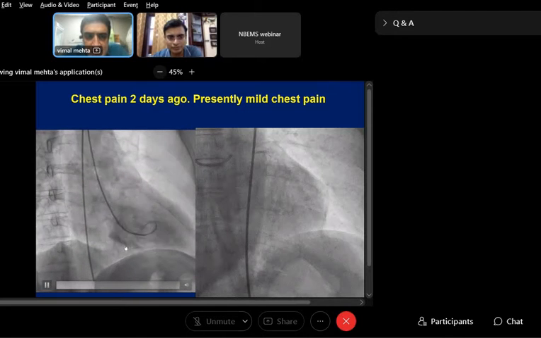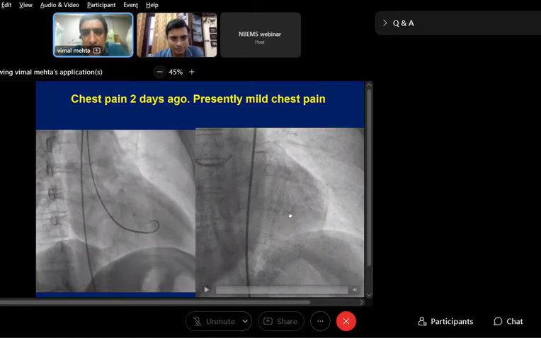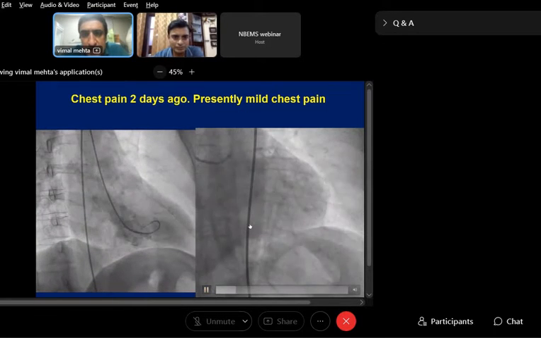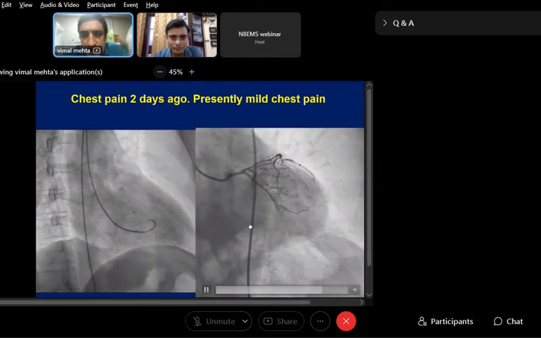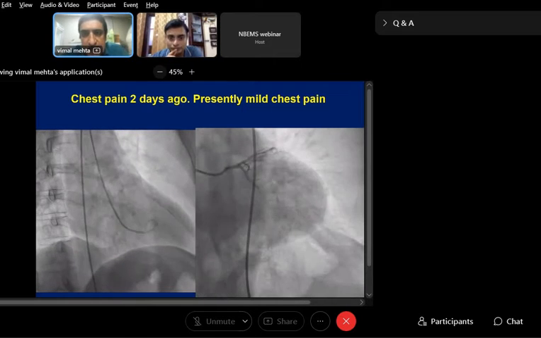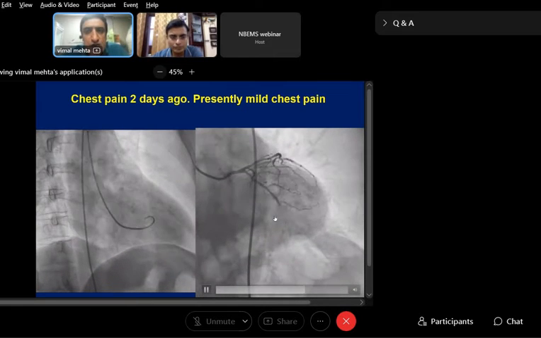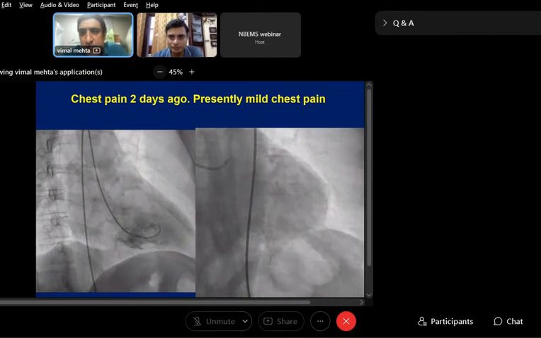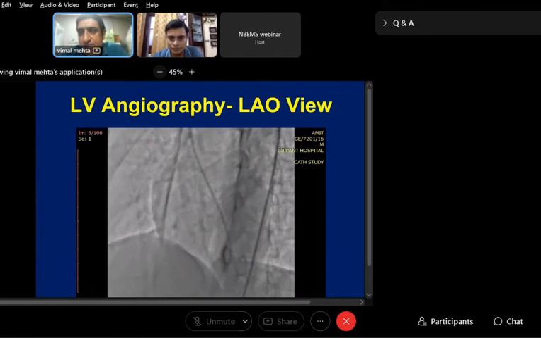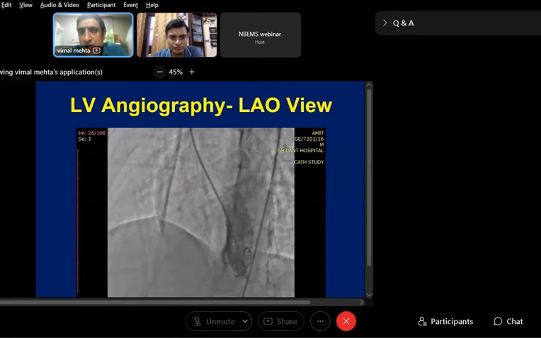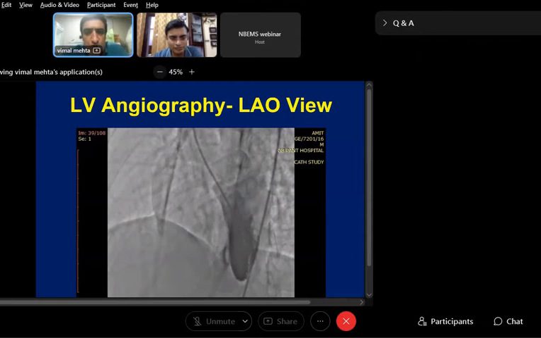So it is only this territory that is moving less. And this was a co-dominant system, right coronary artery, LCX and RCA. And you can see this is 100% blocked over here. So unless you see lots of them, you will not be able to identify. Now tell me, okay, LCX, okay, great. Now coming over to the left ventricular angiogram.